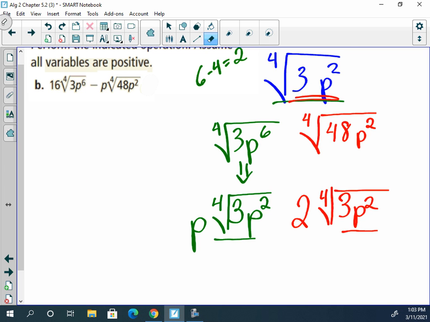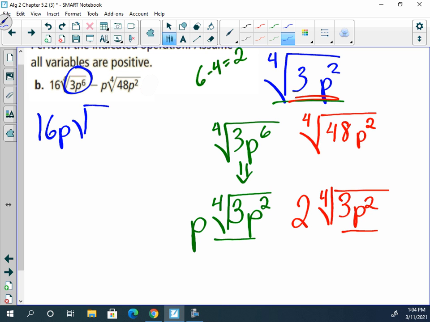Okay, I've got to erase this here. Now, any questions on how we simplified this here before we start plugging it back in and simplifying? Okay. So we put this back in. P times the 4th root of 3p squared is going to go right in here. So we're going to have 16 times p times the 4th root of 3p squared.